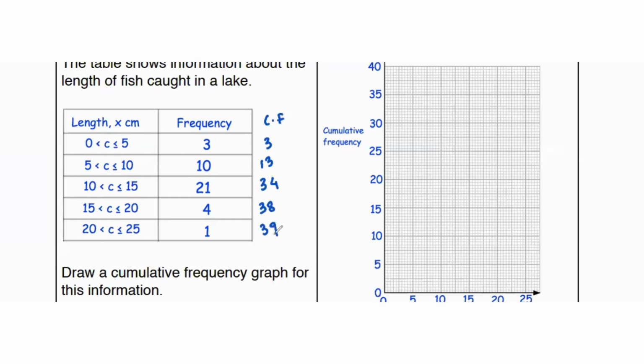We're going to plot these on the graph. So at 5, we'll have 3. At 10, we have 13. At 15, we have 34.